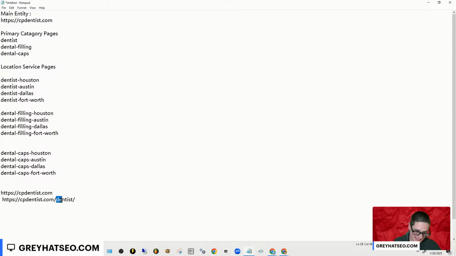So we're going to put dentist here to establish the entity, but the title, the URL, the H1, and the main density of the page in the body text, the 2 words in this case, dentist Texas, will have the highest density. This way we can catch them all. And then we're going to keep a flat architecture, and we're going to then have this. So then you're going to build this out like this.